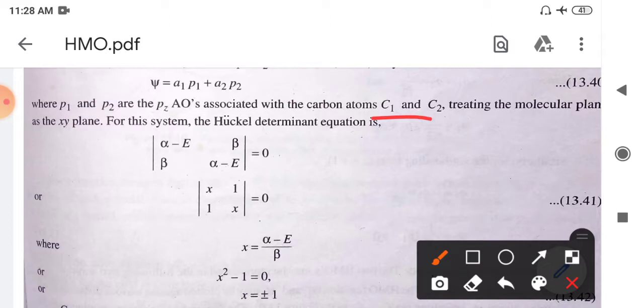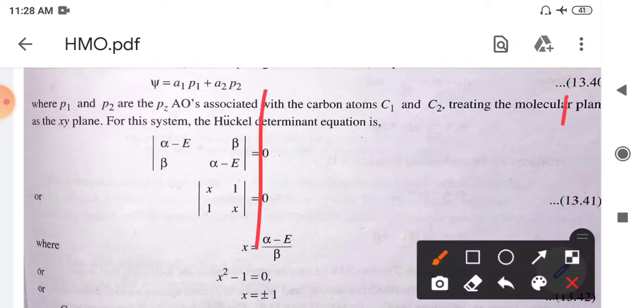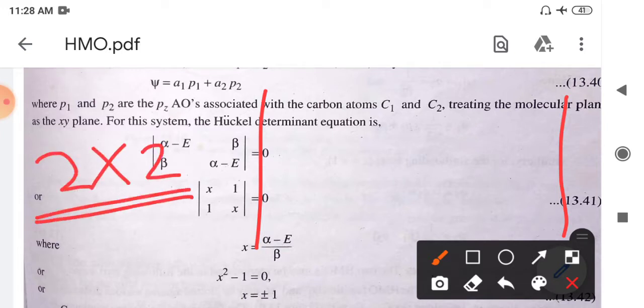For this type of system, what is the Huckel determinant? As we have seen previously, H11 minus ES11. The determinant consists of 4 terms, and this ethylene system contains a total of 2 carbon atoms, so the determinant should be a 2 by 2 matrix.